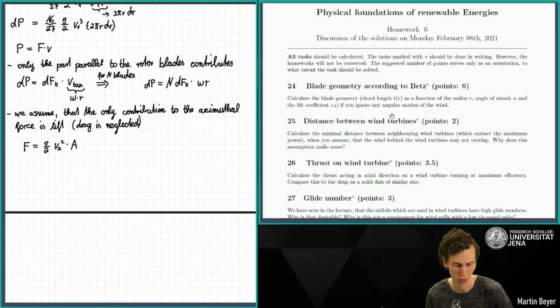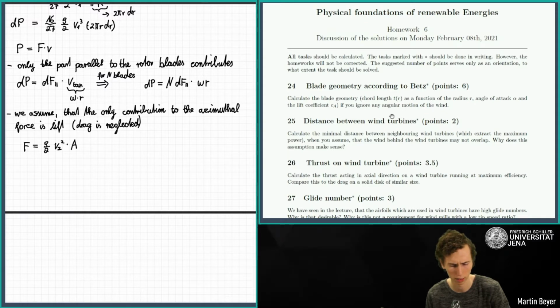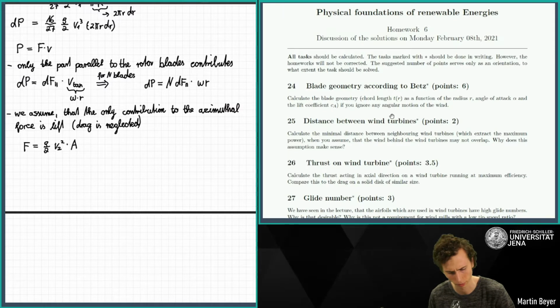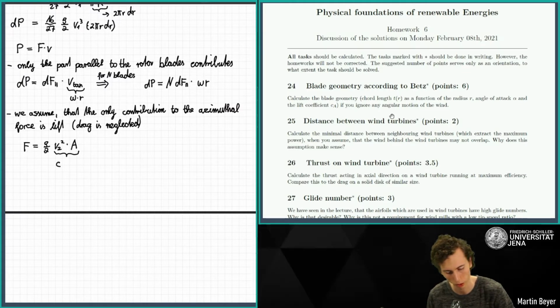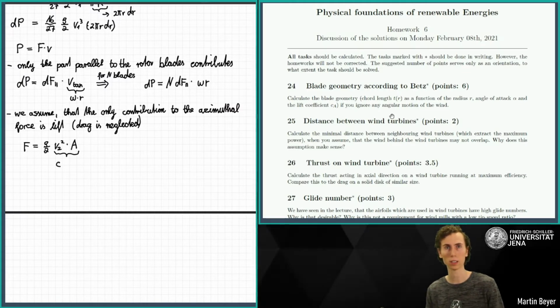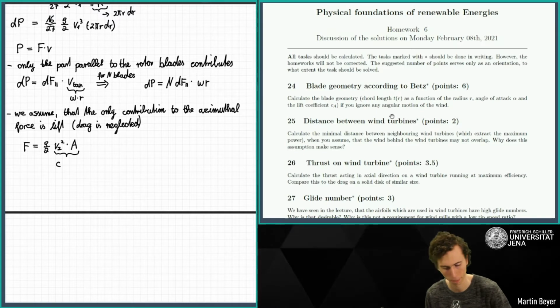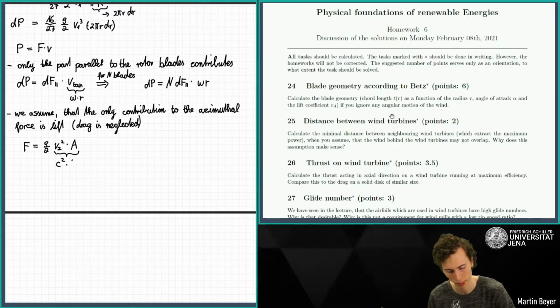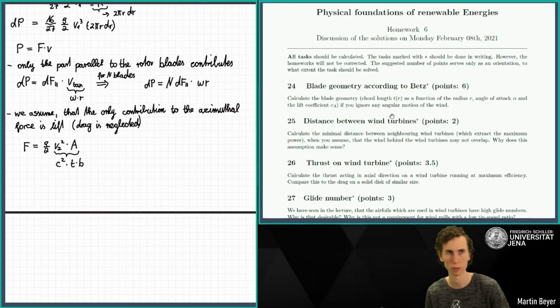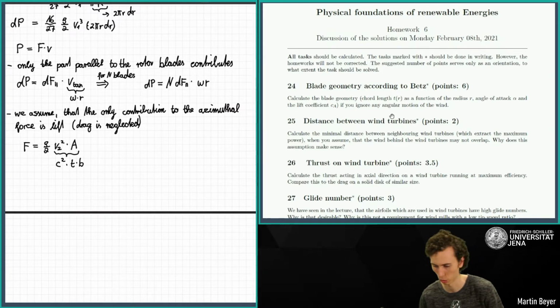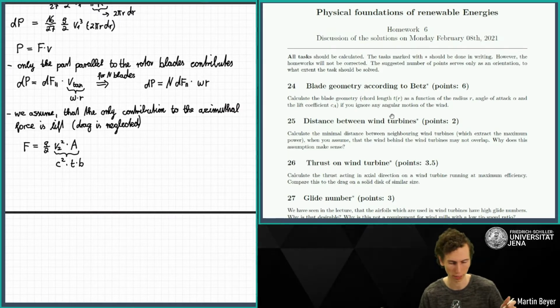And A is the effective area, yes. We can rewrite this using a new velocity term, which we call c, and c is just the inflow velocity. And we multiply this by the chord length times some length of our rotor blade, so to say.